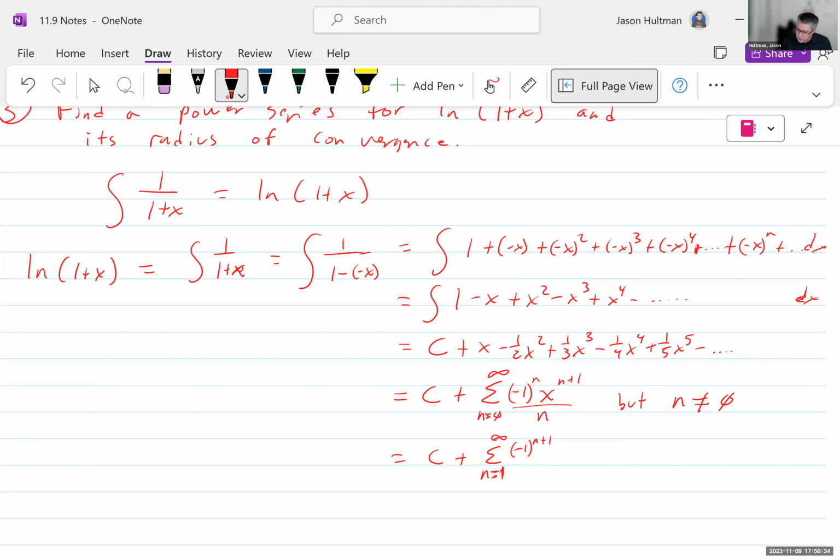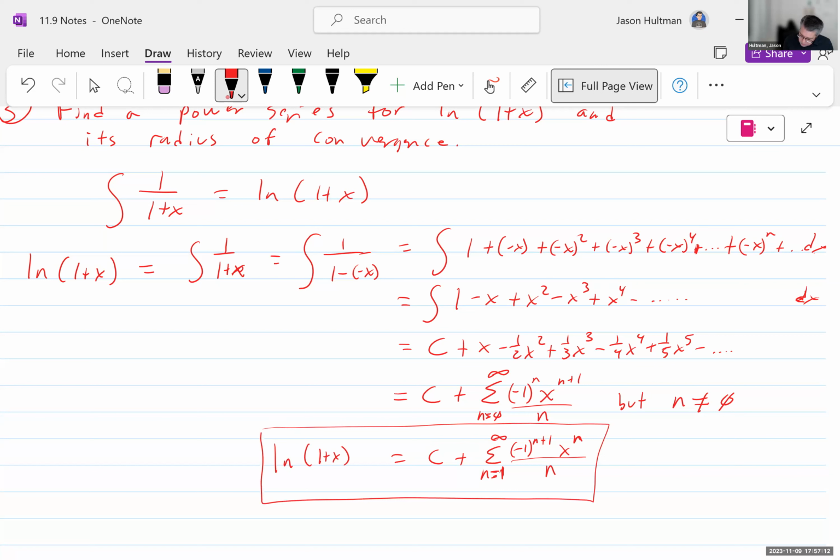So if I take 1 here, and if I add 1, that'll give me that. And then if I subtract 1 from n plus 1 and just make it n, then that will give me my x. Then if I divide by 1 to give me my x, that's dividing by n. Does this still follow? Yes, this still works. And so that is the power series for the natural log of 1 plus x.